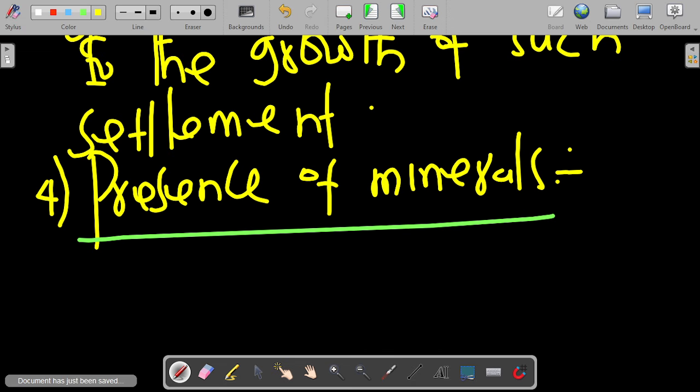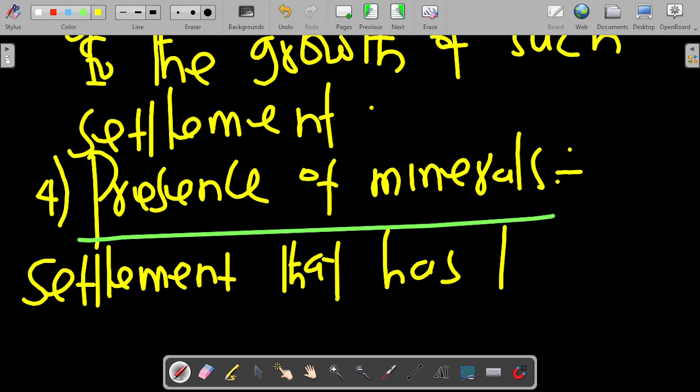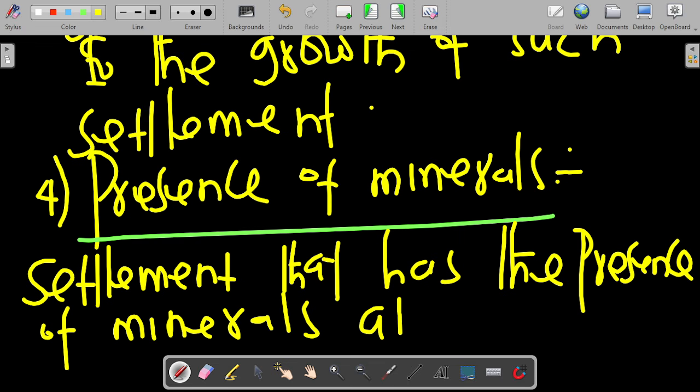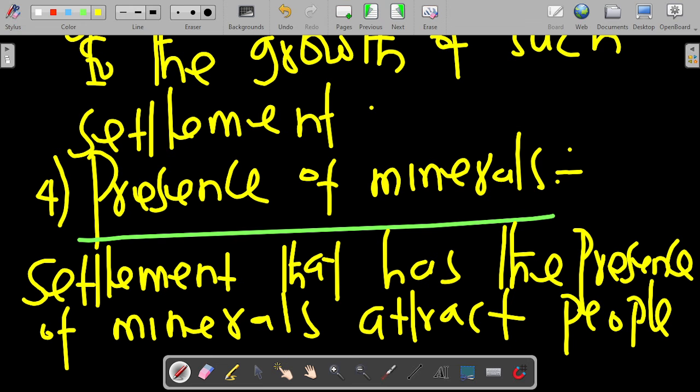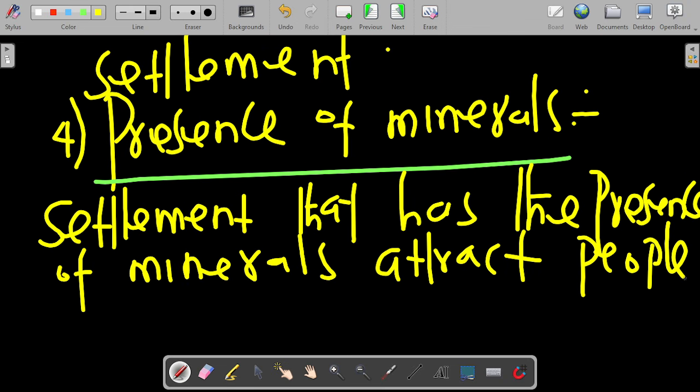So settlement that has the presence of minerals, and minerals attract people to such settlements.